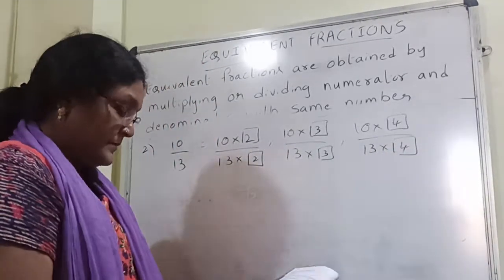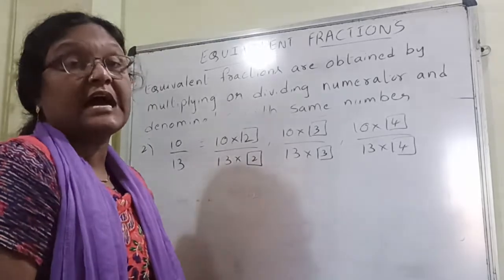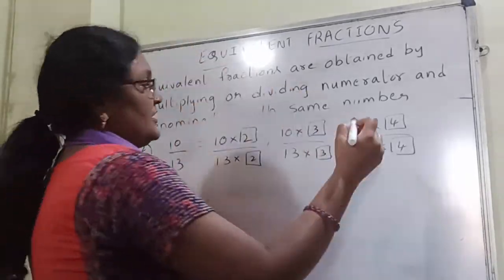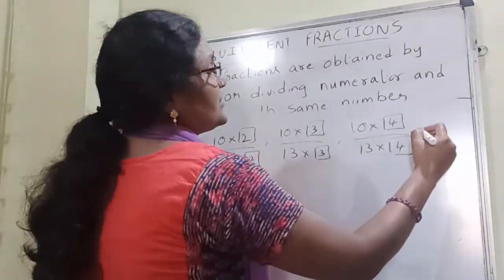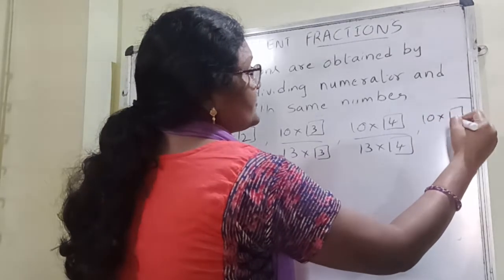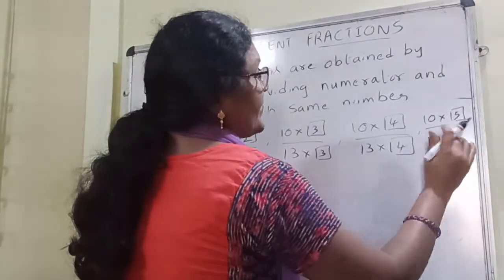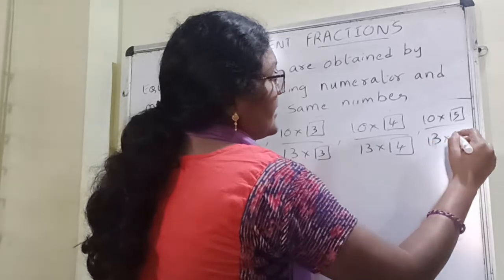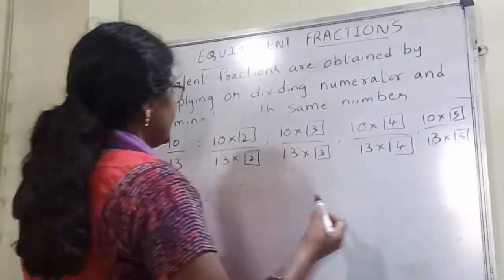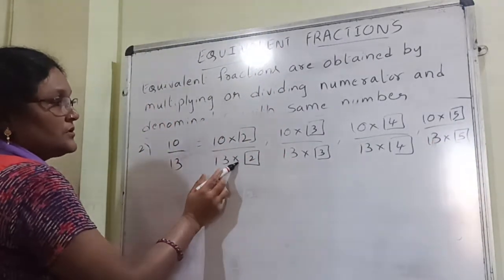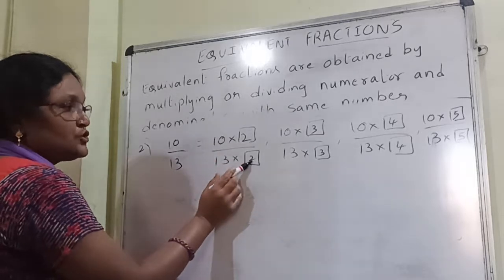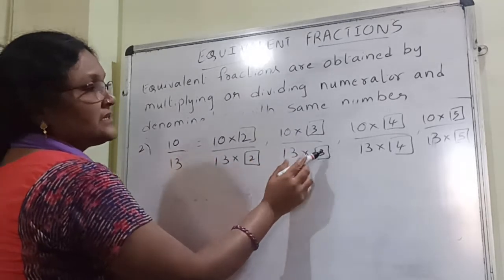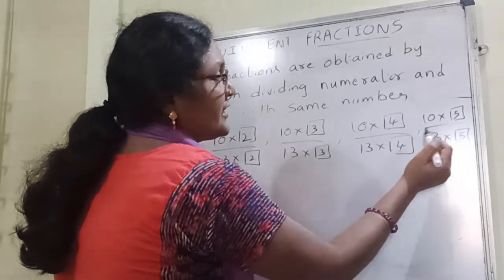Natural numbers are nothing but counting numbers. See, they are asking for 4 equivalent fractions. So 1, 2, 3 and next one I am choosing 5. So here I multiply both the numerator and denominator with 2, both with 3, both with 4 here, 5 here.